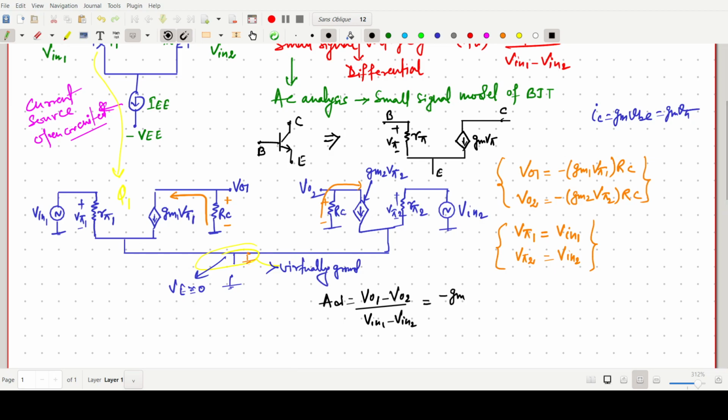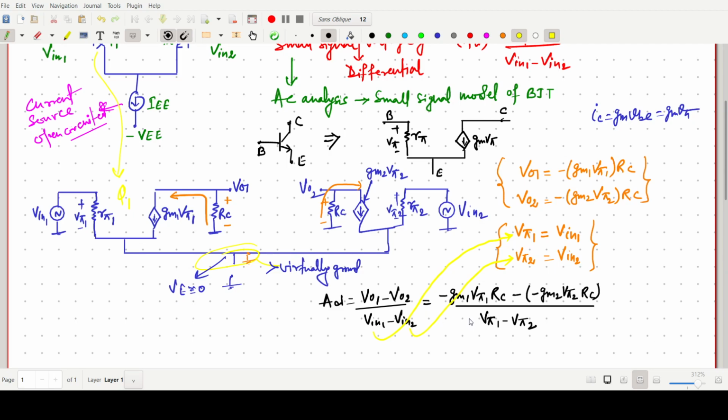Minus gm1 V pi 1 RC minus of, again I am writing, gm2 V pi 2 RC, whole divided by V in 1. So V in 1 is nothing but simply V pi 1. So one can easily write V pi 1 minus V pi 2. This V in 1 is V pi 1 and V in 2 is nothing but simply V pi 2.